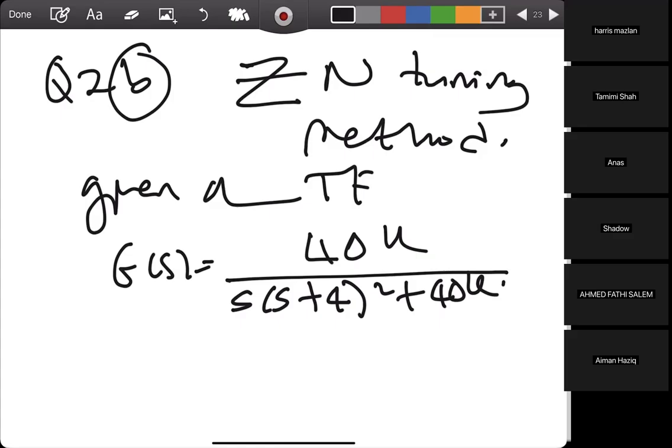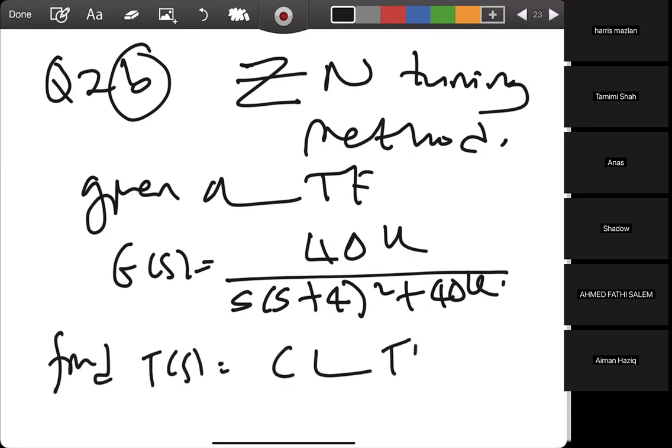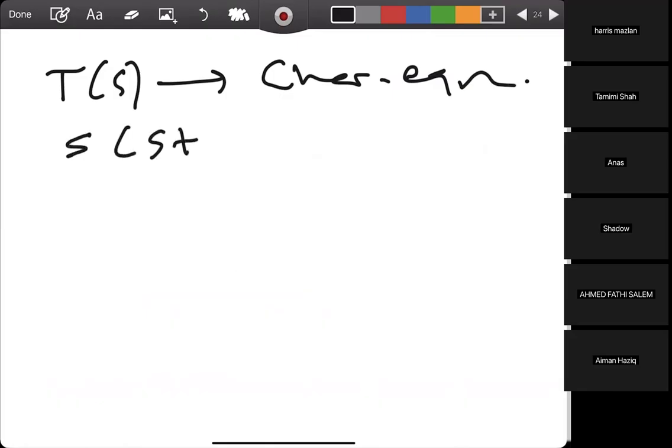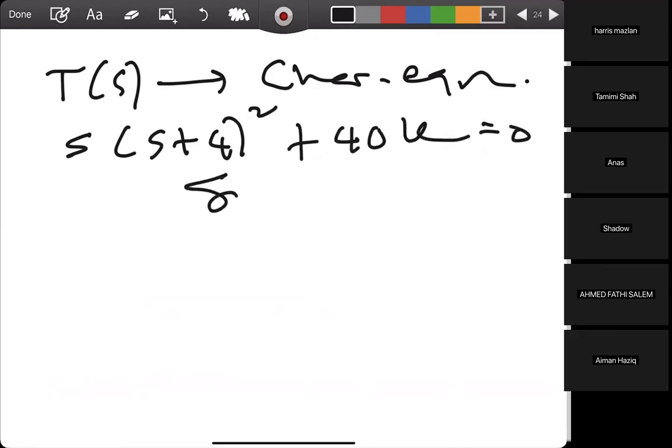So we find the characteristic equation. Find, yes, the closed loop transfer function. Then you get the characteristic equation, which is simplified.